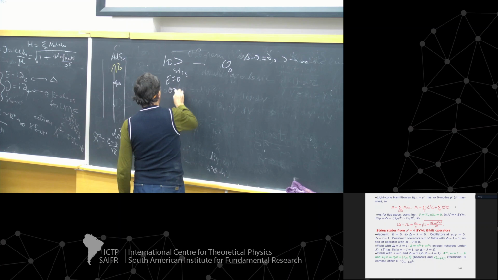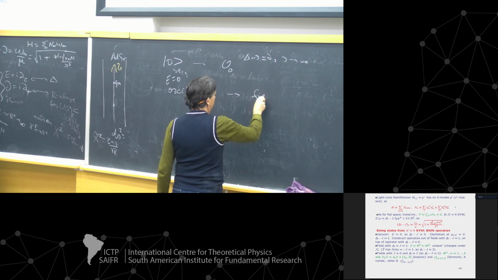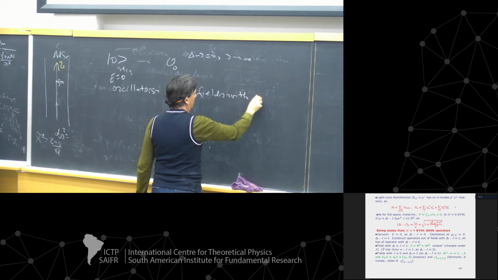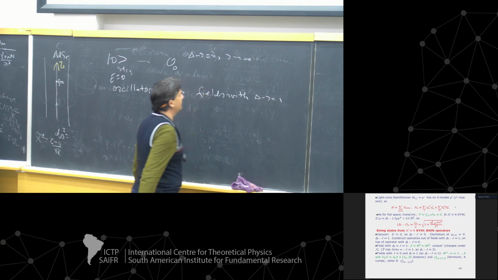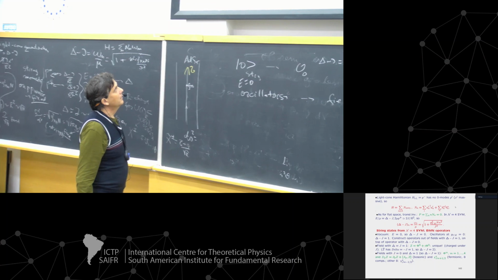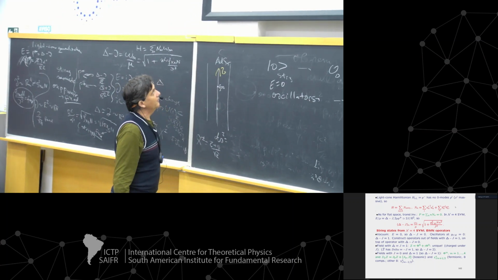So then oscillators should be fields with delta minus j equal to 1. Okay. All right, so what fields do we have?